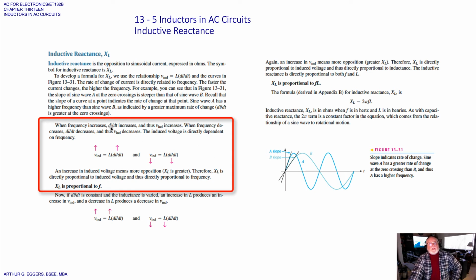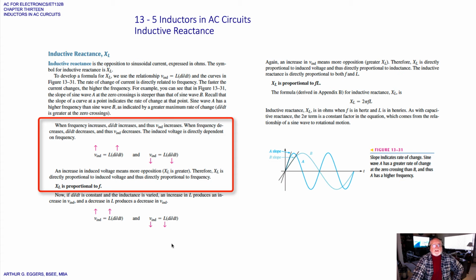We've got the change in current with respect to time. The induced voltage then is directly dependent on frequency. The induced voltage increases as di/dt, the slope, increases. The induced voltage decreases as the slope di/dt decreases.